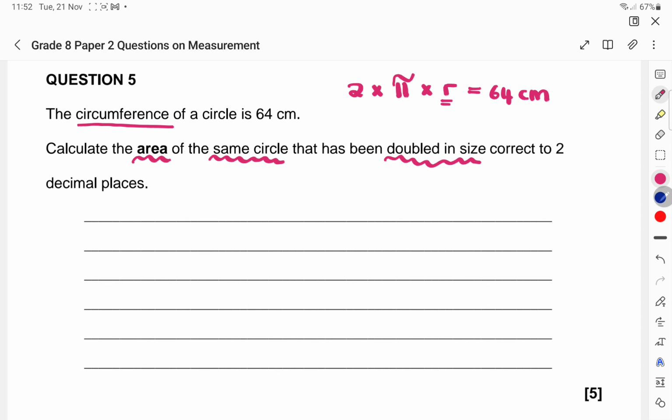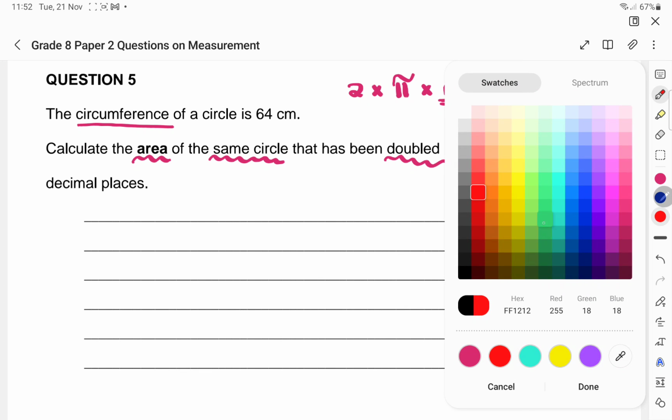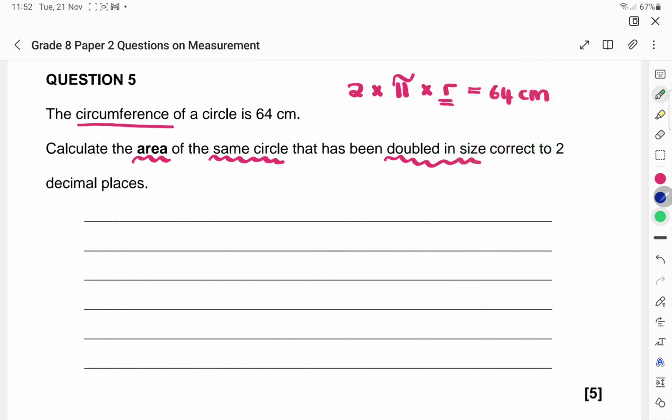So let's first worry about getting this r over there. Okay, so with that, can you see that we can find the radius?